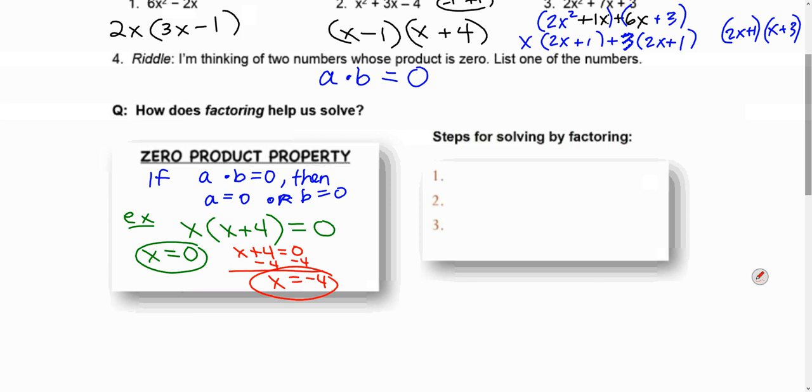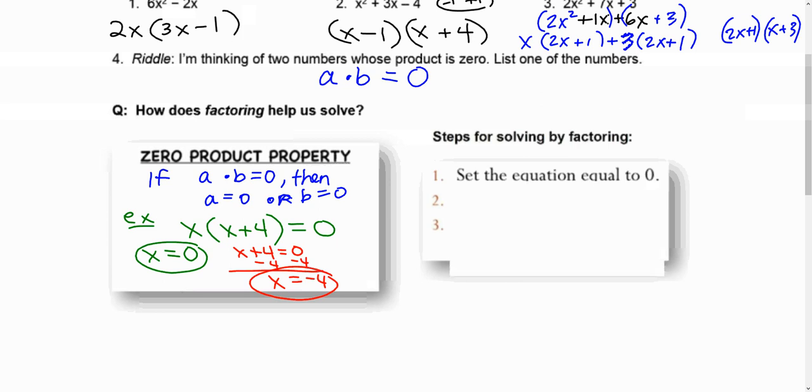Today's lesson is called solving by factoring. We're going to use the factoring skills that we learned in the last chapter to separate all the x's so that we can solve each one individually. So there are 3 basic steps when it comes to solving by factoring. Step 1, whatever the equation is, you're going to set it equal to 0.